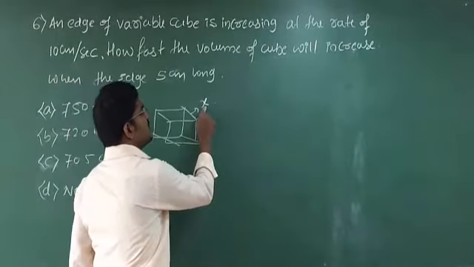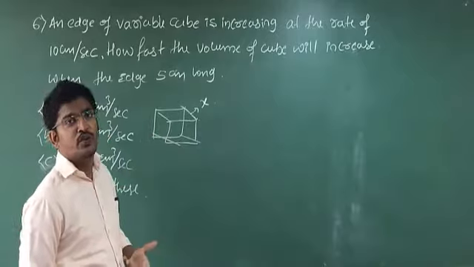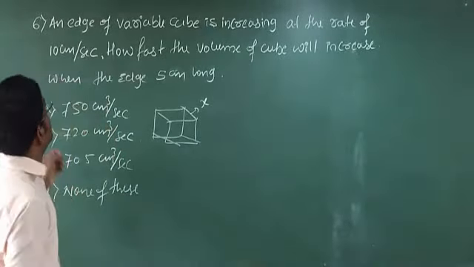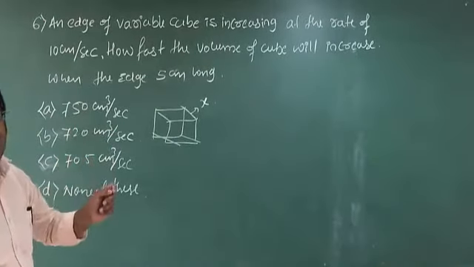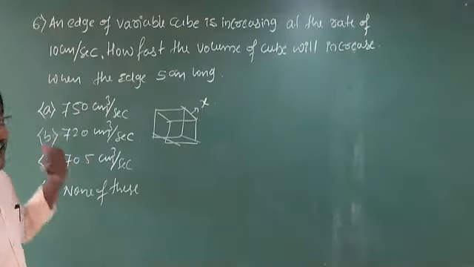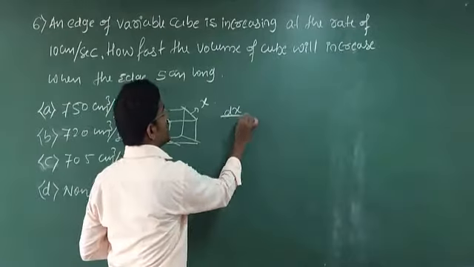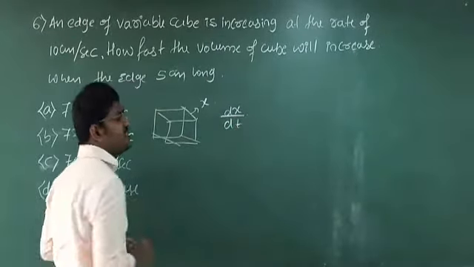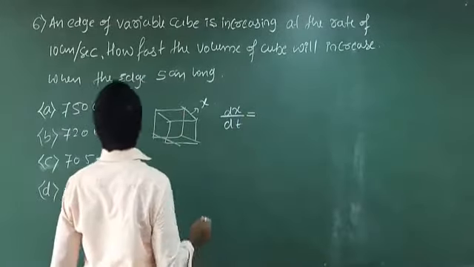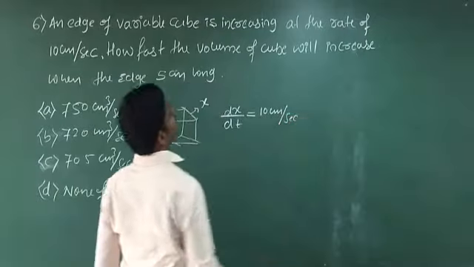That means this edge is changing with the variable size of the cube. This size of the variable cube is changing. Clear? So the edge of the variable cube is increasing at the rate of 10 centimeter per second, which means the rate of change of the edge of the cube, dx by dt, is equal to 10 centimeter per second.